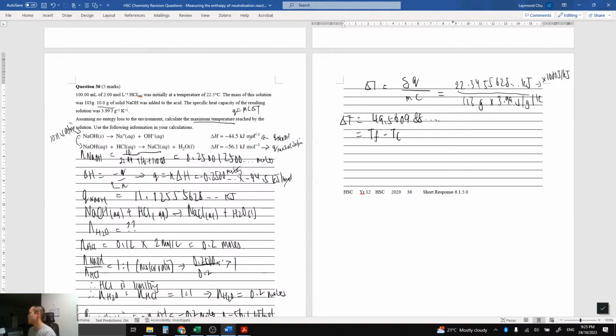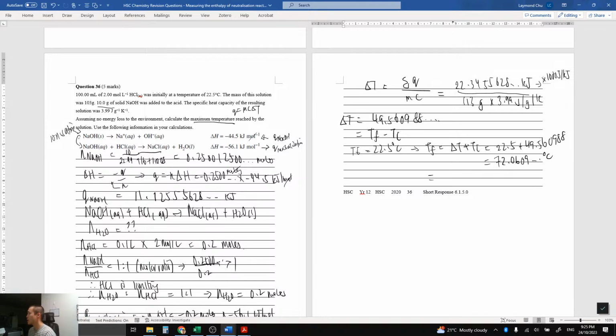And now our ΔT is equal to T final minus T initial. So we know our initial, which is 22.5 degrees Celsius. So in order to work out T final, it's just ΔT plus T initial, which is 22.5 plus 49.560988, which is equal to 72.0609 degrees Celsius.